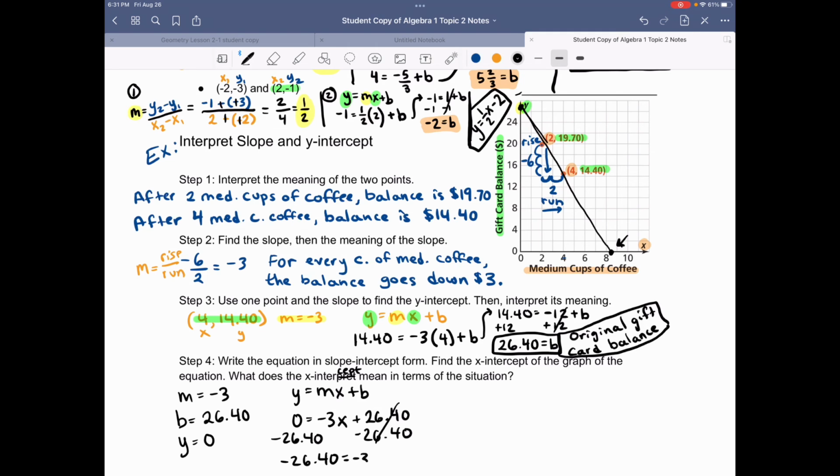Bring down the -3x. Now what do I do? I'm still trying to solve for x. Yeah, we divide by -3. -3x divided by -3. And what I get when I divide those is 880. That's what x equals. That's the x-intercept.